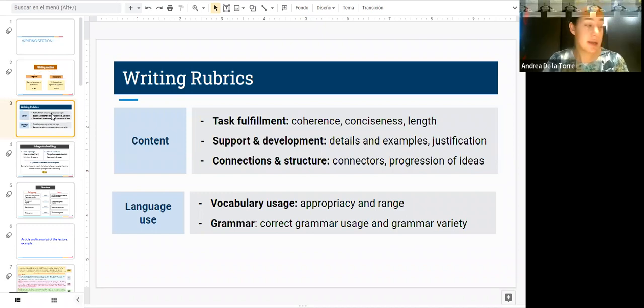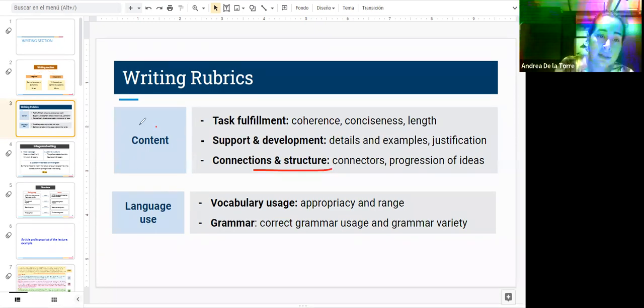That basically means what you write: if it's coherent, if it's logical, if it makes sense, if it's long enough, if it's not just one paragraph, if it has details and examples, if it is complete on its own and doesn't need more explanations, if it's understandable, if you're using transition words or linking words or connectors to connect your ideas and express them well. That is content.